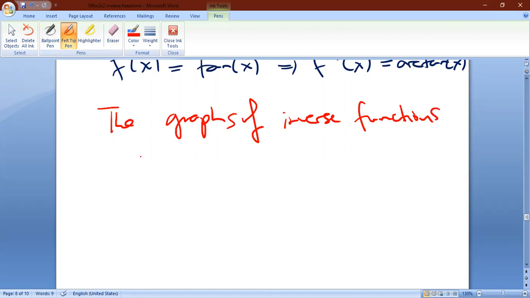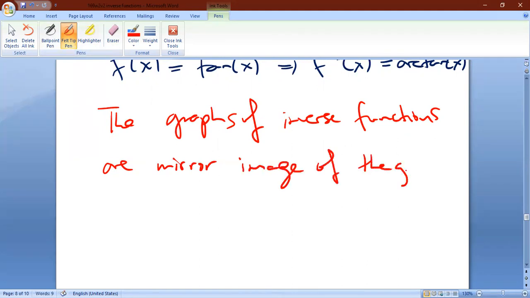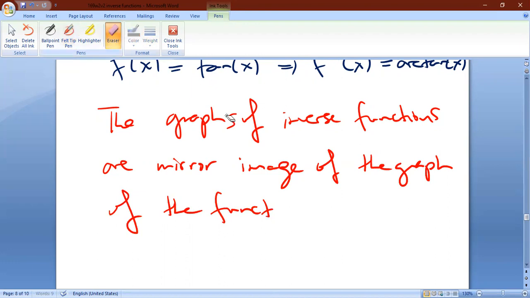The graphs of inverse functions are the mirror image of the graph of the function. This is true for all functions. So let's say we have the graph of the inverse function f inverse, then it's the mirror image of the graph of the function f.